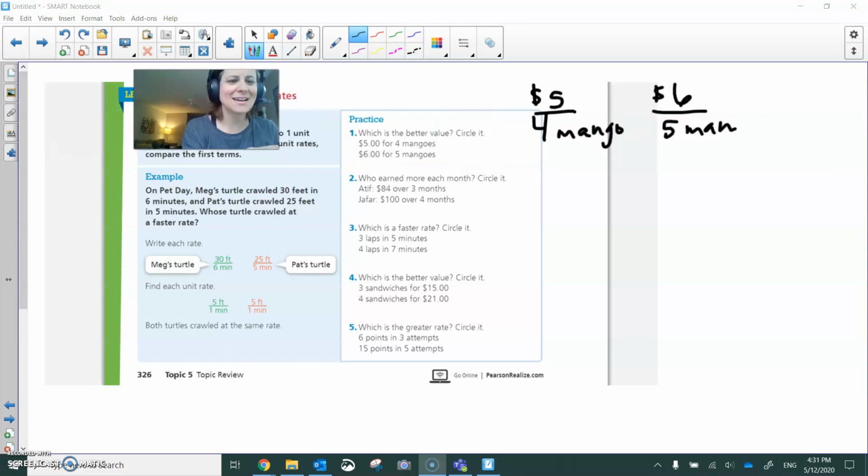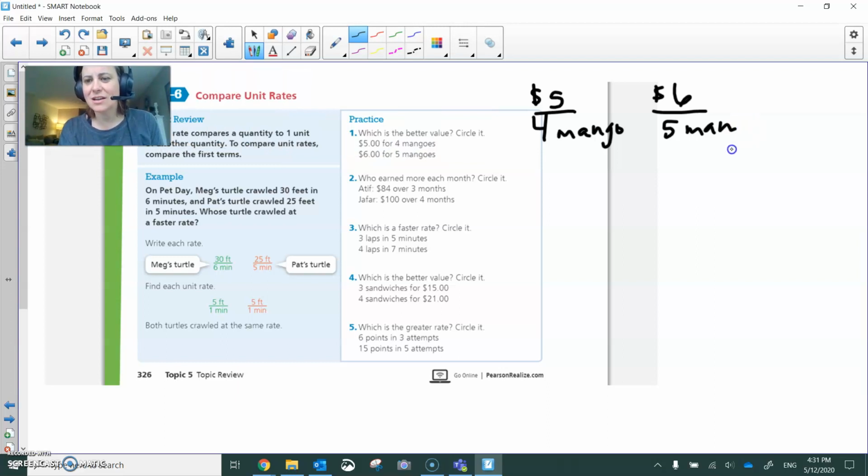If we want the bottom number to be a 1, we would have to do 4 divided by 4 to get 1, so we need to do 5 divided by 4 to get the top number. So in this case, it would be $1.25 per mango.